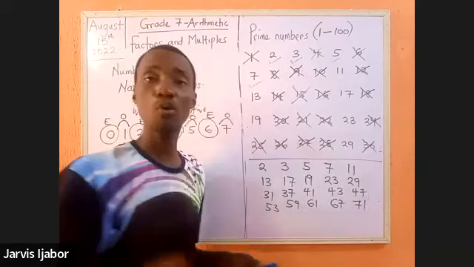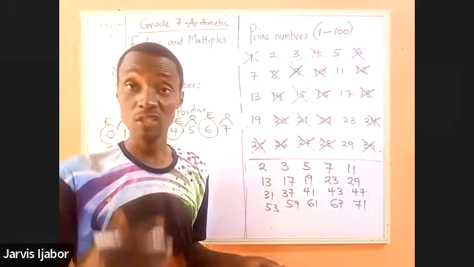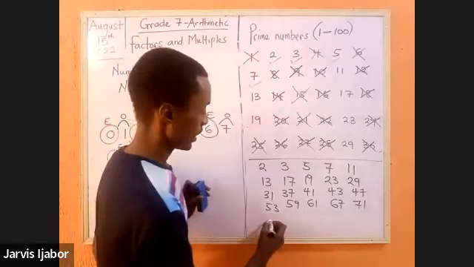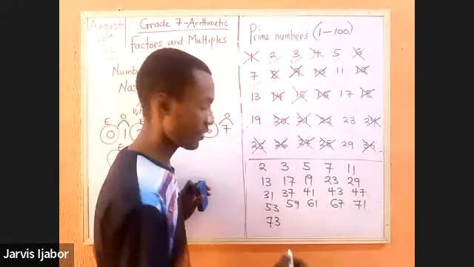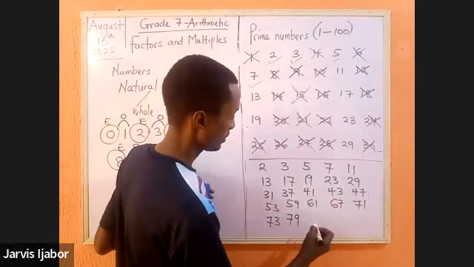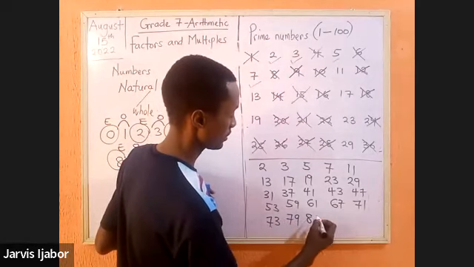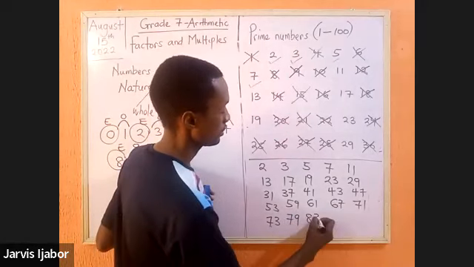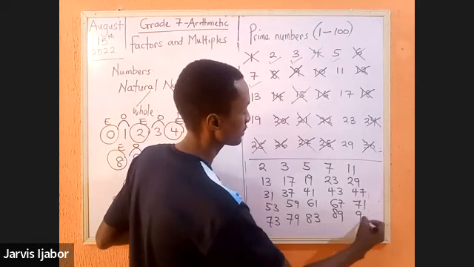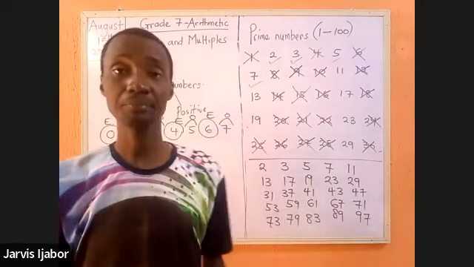So you don't need to memorize them. You just need to know how to get them. 73, 79, 83, 89, and 97. So that's 25 of them.